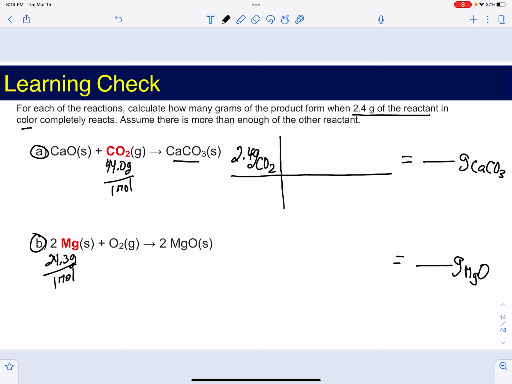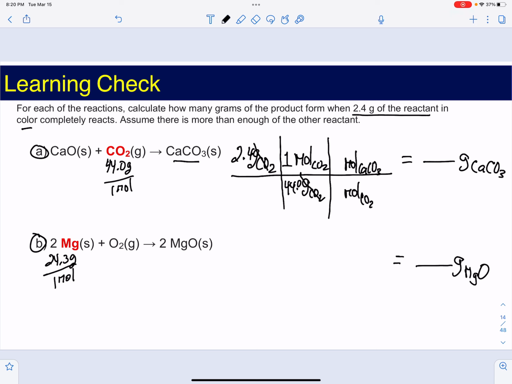But we are not starting with moles, we started with grams, so I definitely want my moles instead of the grams. So the grams of CO2 and the moles of CO2, that's the molar mass. 1 mole of carbon dioxide is 44.0 grams. So now that I cancel the grams, I have the moles of CO2. I do not want the moles of CO2 because I really want the moles of calcium carbonate.